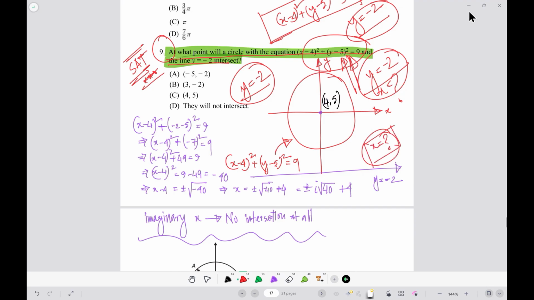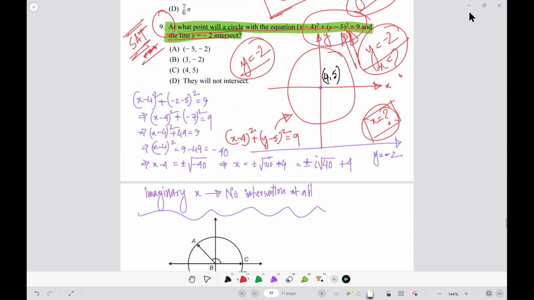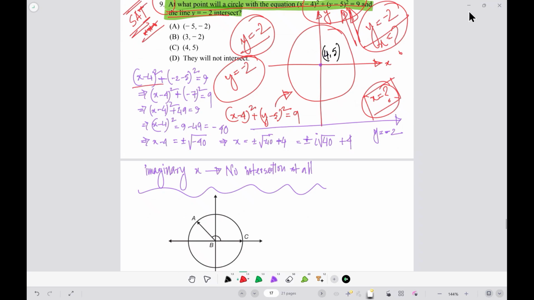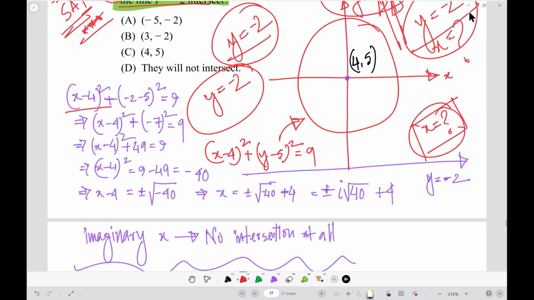That is what we are doing. We have plugged the value y equals -2 into this equation, and then solved x minus 4 whole squared plus y minus k whole squared.